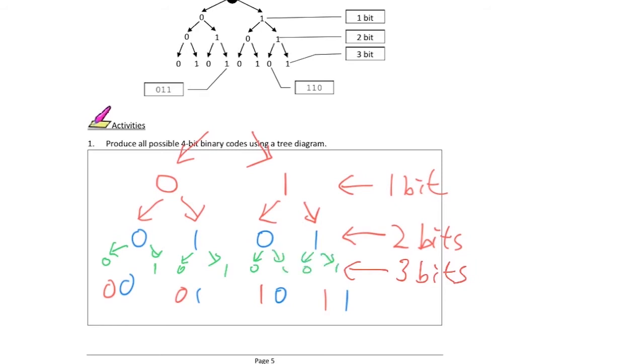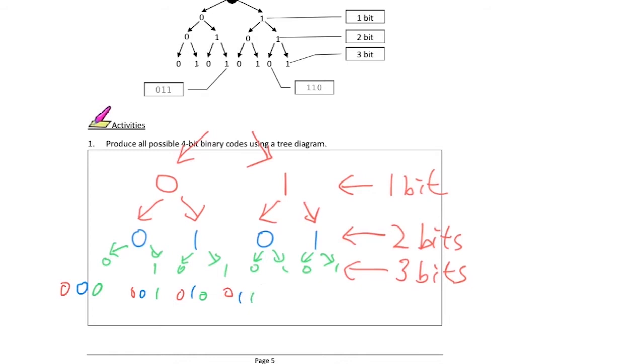So altogether, we can have 0 0 0 as the first one, 0 0 1 as the second, 0 1 0 as the third, and 0 1 1 as the fourth.